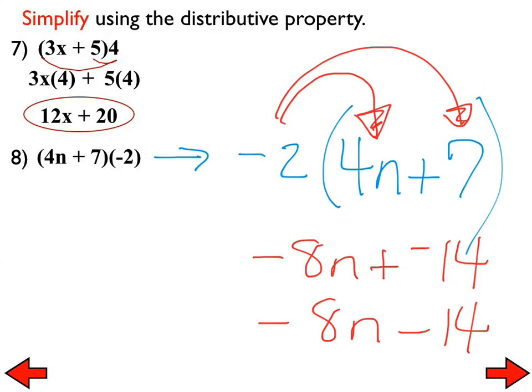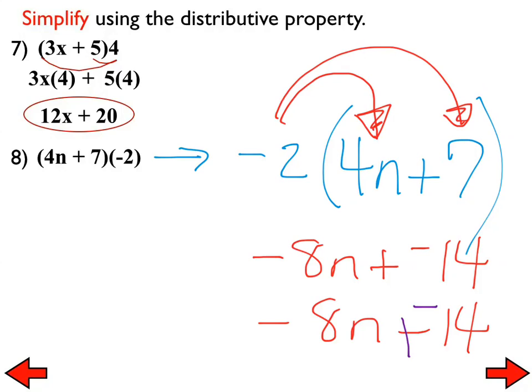Now, why are those the same thing? This is something we have talked about over and over again, just not in this context. Why are these 2 things the same thing? Because we added the opposite. Watch. If I add the opposite, look at what I have.